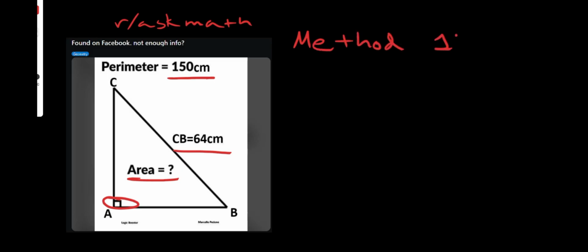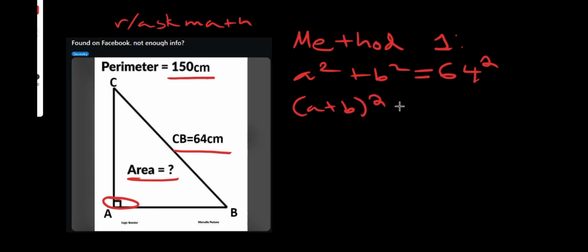One of them that a lot of people would likely use is the Pythagorean theorem. Now you're probably wondering how would that be useful? We don't even have the leg side lengths, but the reason why it's useful is because you could use other identities or theorems like (a + b) squared is equal to a squared plus 2ab plus b squared.